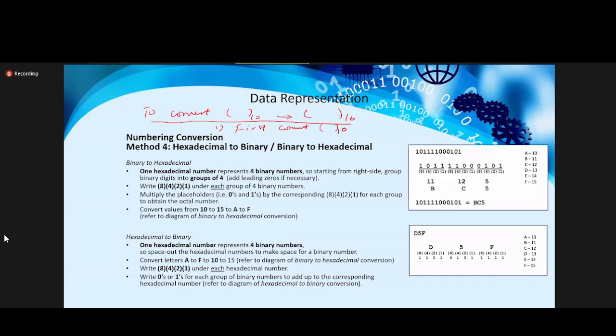It's easy, right? Cumulative division by 2 is easier than cumulative division by 16, correct? Right?